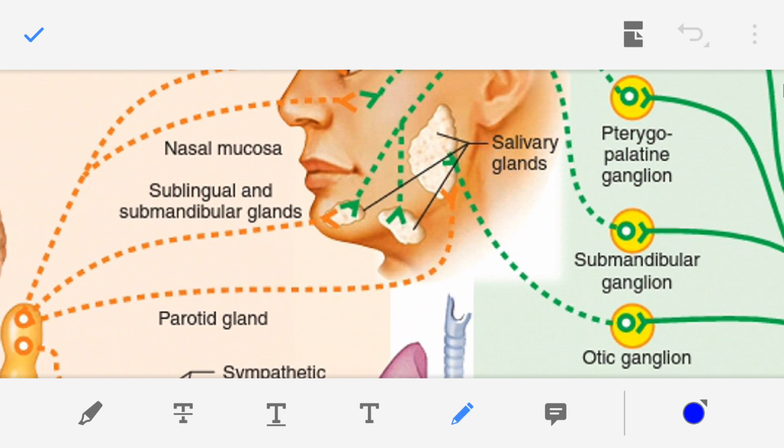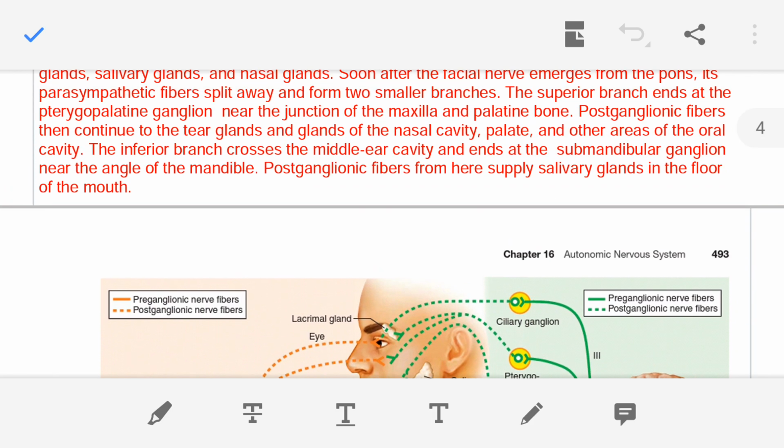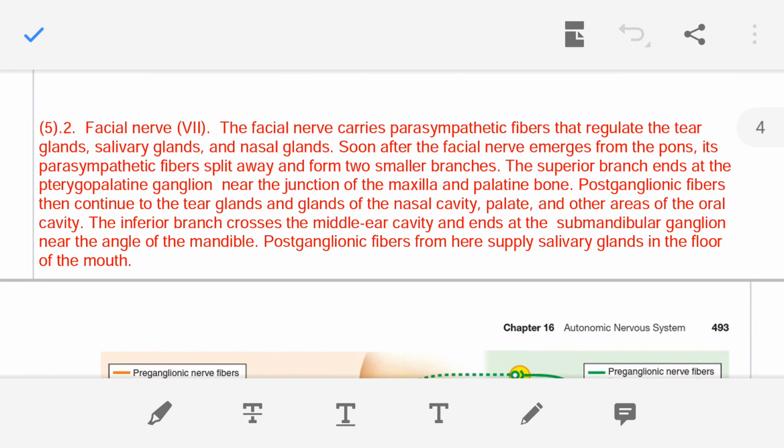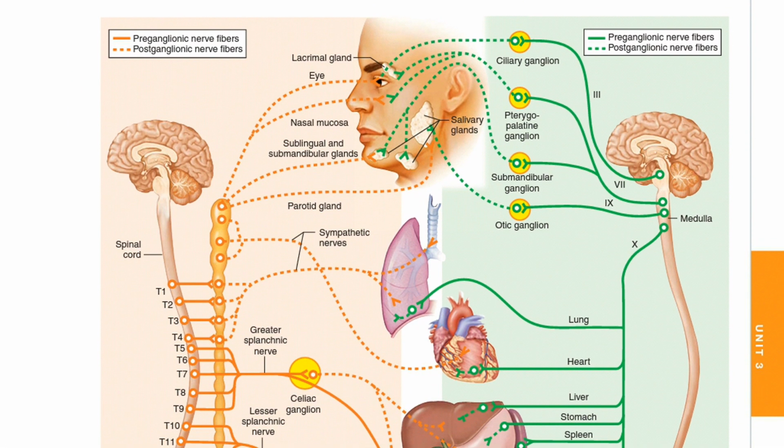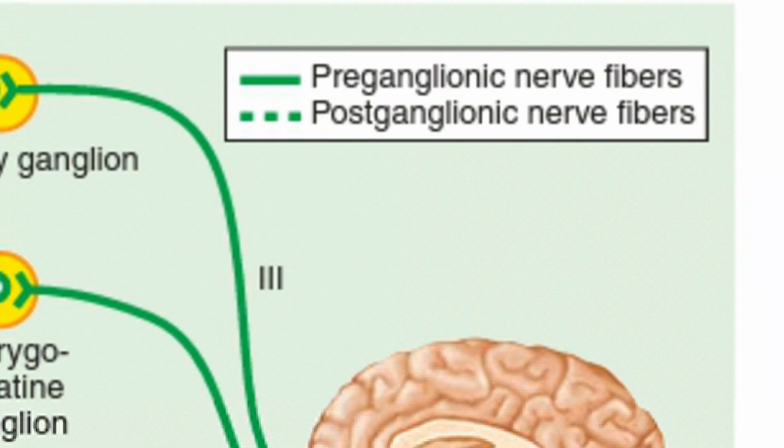Here you can see they are present in the floor of the mouth. So this is the fifth point and this is the figure. This is the key: preganglionic nerve fibers, postganglionic nerve fibers.